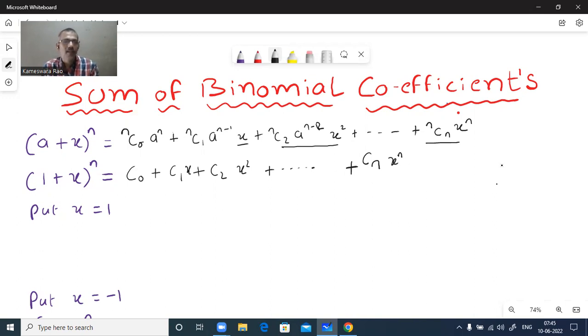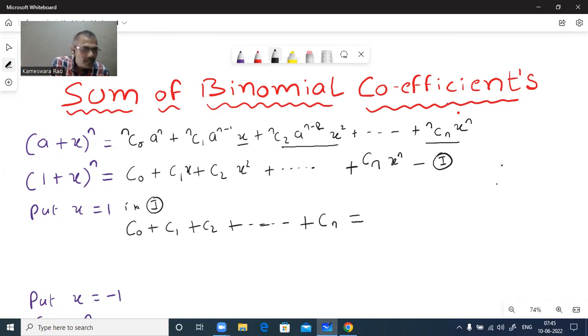If you put 1 or minus 1, you are going to get sums of the binomial coefficients. Put x equal to 1 in the first equation. You get C0, C1 into 1, C2 into 1 squared, that is 1 itself, dot dot dot, Cn, 1 to the power n is 1 only.